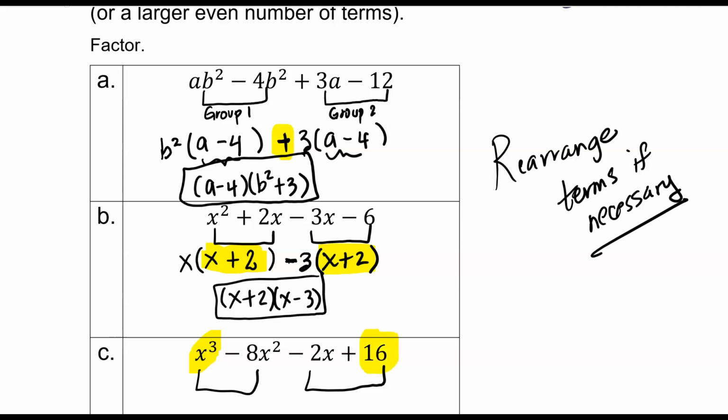Let me rewrite it: x cubed plus 16 minus 8x squared minus 2x.